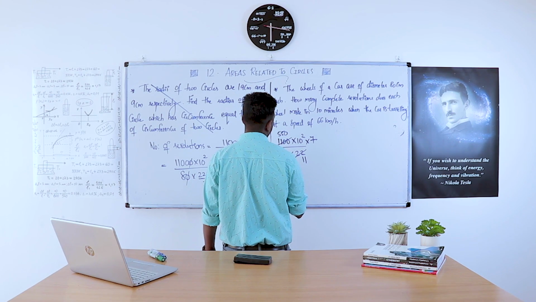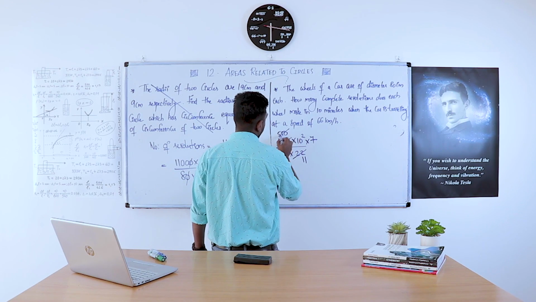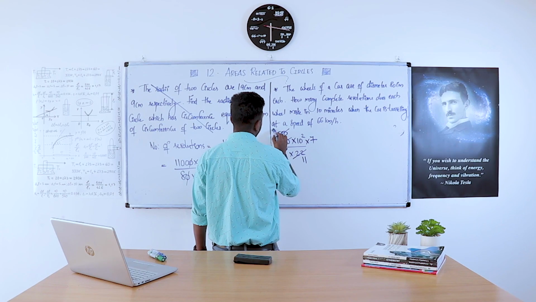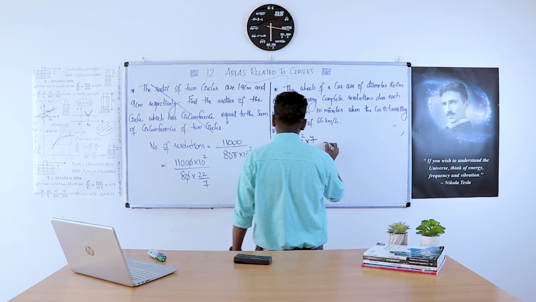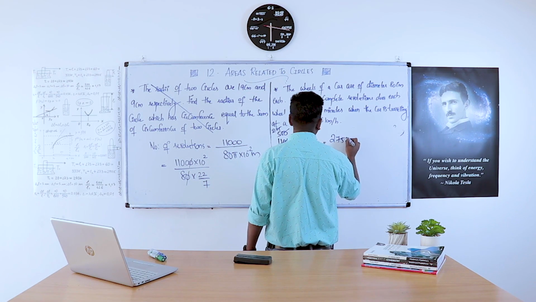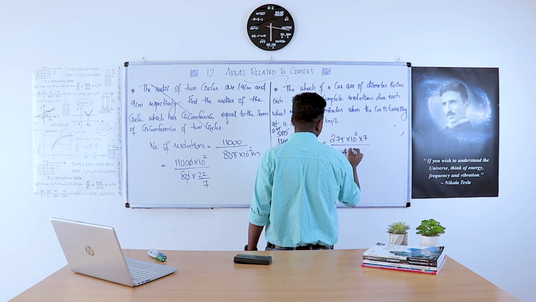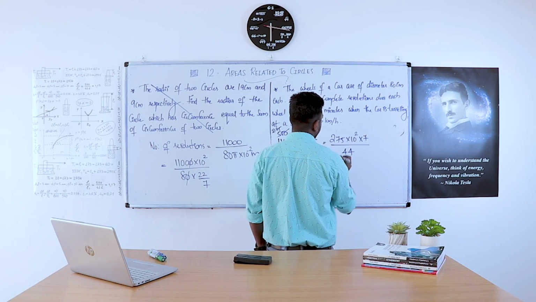It becomes 550 into 2. Then this 550 and 8 can be cancelled. This becomes 4, this becomes 275. Then this can be written as 275 into 10 square into 7 divided by 11 into 4, that is 44. Therefore, this 10 square is 100.